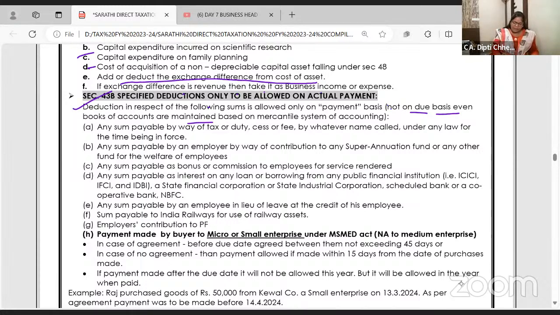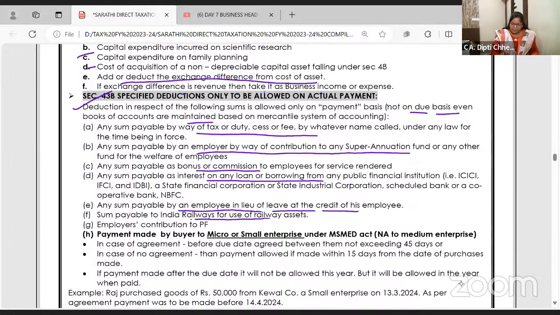What are those payments? Taxes, duty, government related, GST, income tax and all. Then some paid by employee to superannuation fund, bonus, commission, interest on any loan, some payable by employee in lieu of the credit, some payable to Indian Railways, employer's contribution to PF.